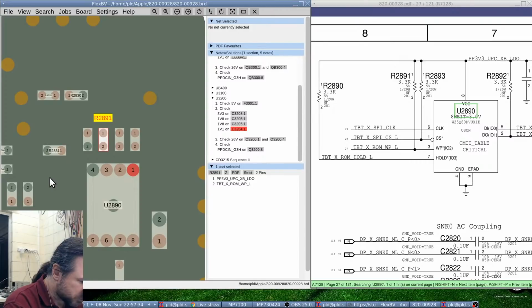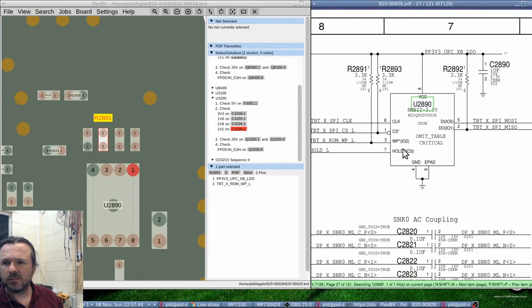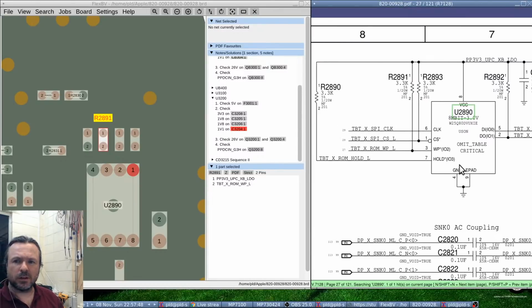They don't look the healthiest, but they're not that bad either. Standard SPI ROM. Oh, they're MOSI and MISO. Okay, my bad.